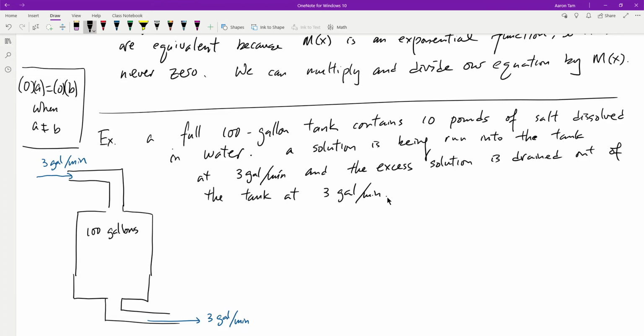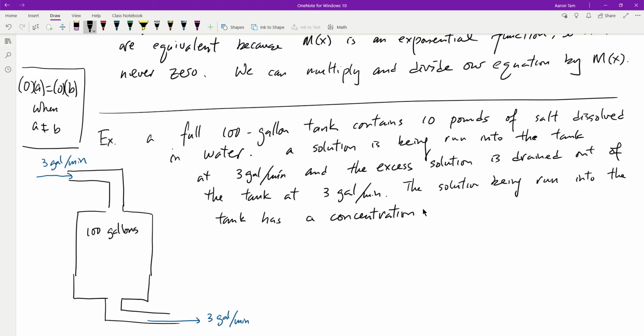Now, let's assume the following. One thing that you probably noticed I didn't give out is the concentration of the liquid. So let's say the solution being run into the tank has a concentration. Unlike the last problem that we did back in 10.2, where we had a fixed concentration, here, how about the solution has a concentration that's varied?